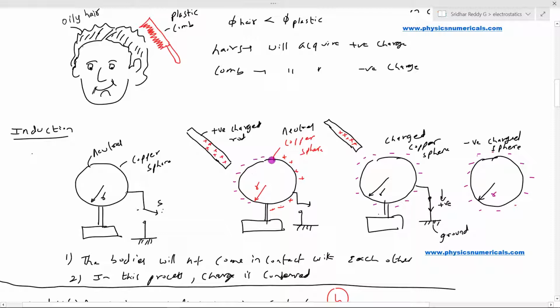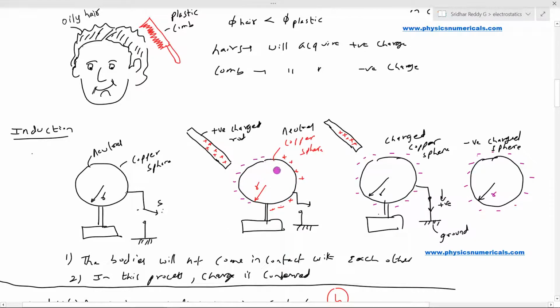What I noticed is that negative charge will be induced on one surface, and positive charge on the other. Here a positive charge will be induced, and here a negative charge.